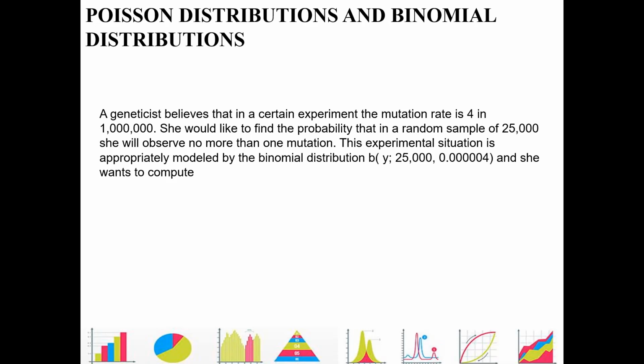So, Poisson distribution can be used as a substitute for binomial distribution with the condition that yung n mo is sobrang taas and then yung kanyang probability of success is sobrang liit. Okay, question?